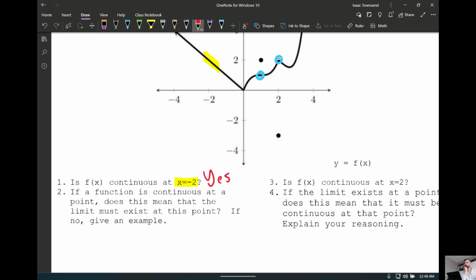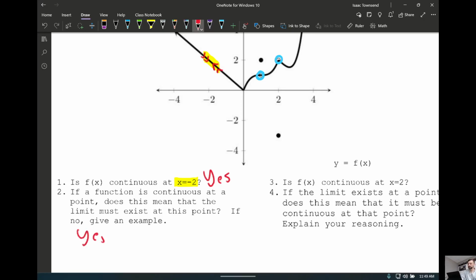But to try to push you in the right direction, it is continuous here. Does that mean that the limit must exist at that point? So notice that it approaches, looks like it approaches 2 from the left and it approaches 2 from the right. And if that was not true, if they were approaching different things, then there would be a break in the graph.